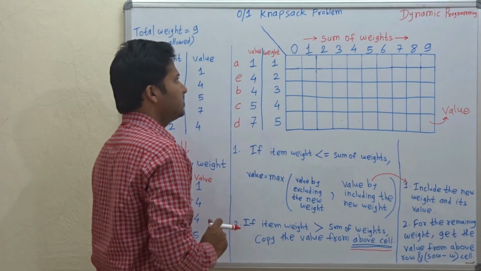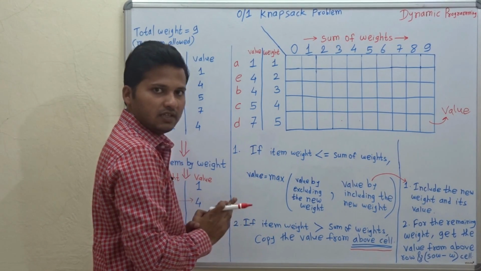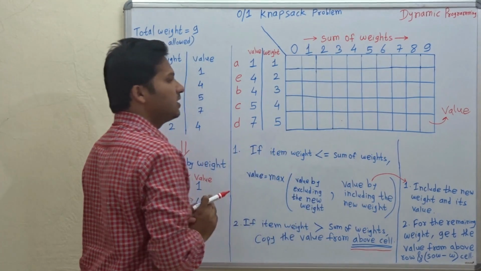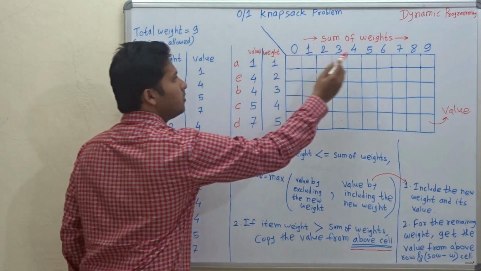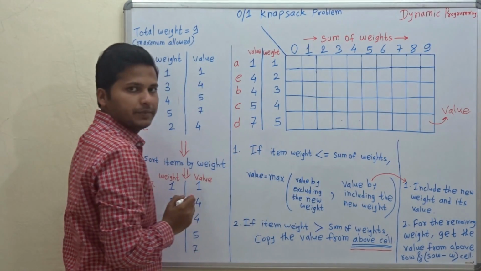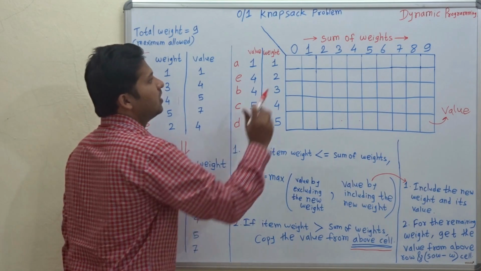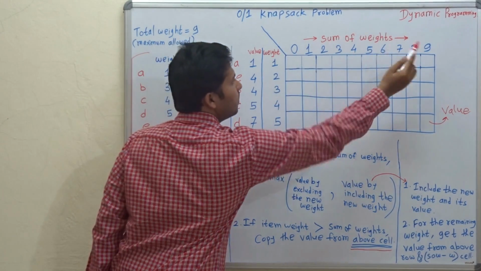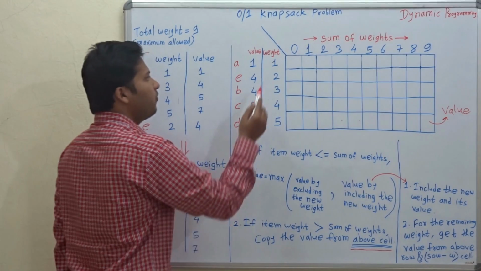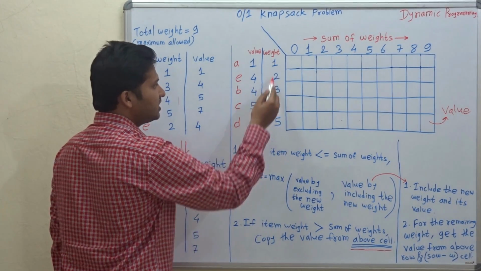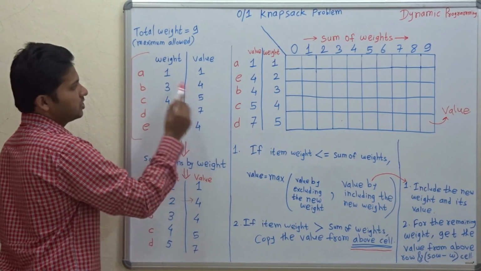Now the first thing to note here is that the numbers on the column are always from 0 to the total weight. Here the total weight is 9, so we have written the numbers from 0 to 9. And for the rows, here we have to write the weights given in the question.